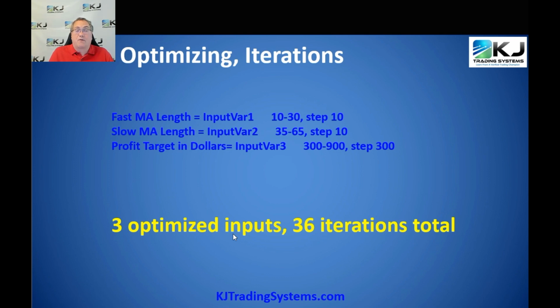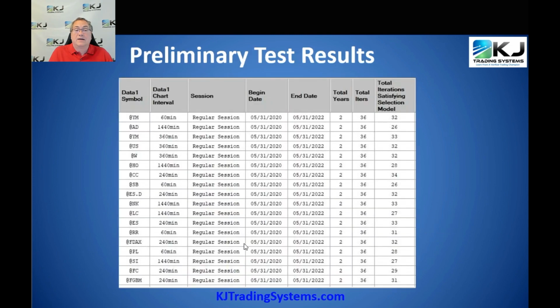So I'm looking for robustness here, and I do it during a 2-year test. Here are some results, and here are some of the markets and bar sizes where this particular strategy worked. You can see I ran from the end of May 2020 to the end of May 2022. So it's a 2-year test, and you can see there's a variety of different bar sizes and markets where it worked.